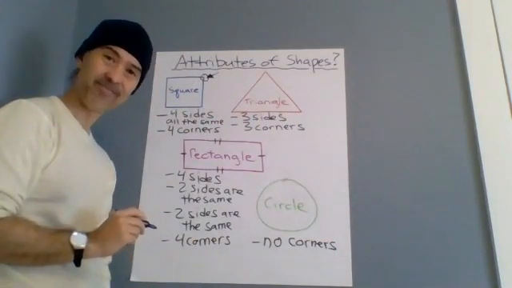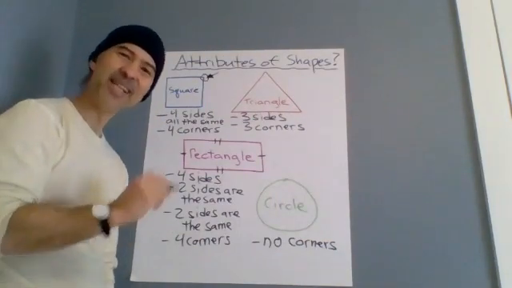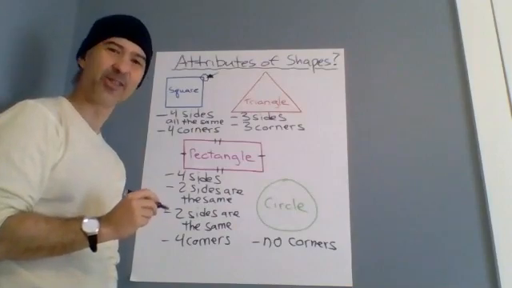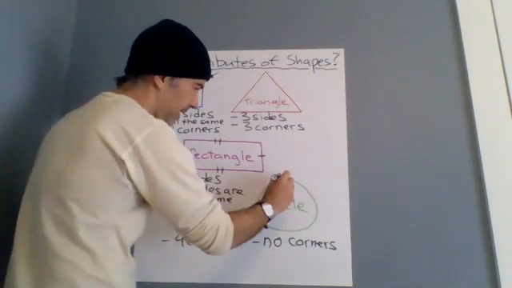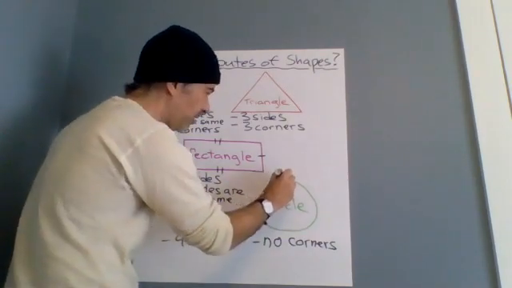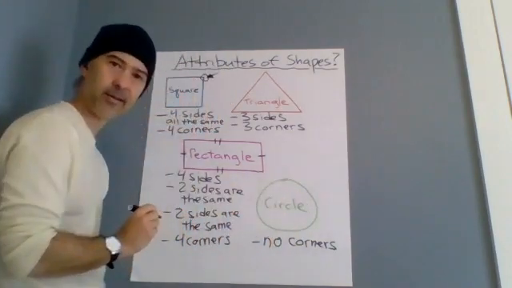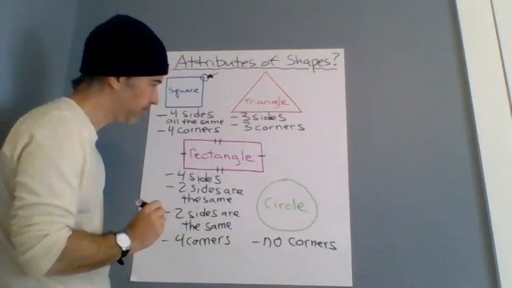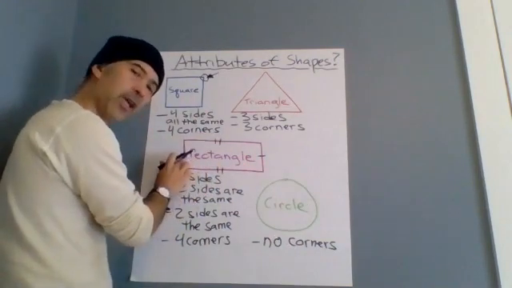Anything else? What about a side? How many sides does a circle have? That's tricky. I find that one tough. It's like it has one side and it starts here and it goes all the way around and then closes up again. A rectangle has 1, 2, 3, 4 sides.